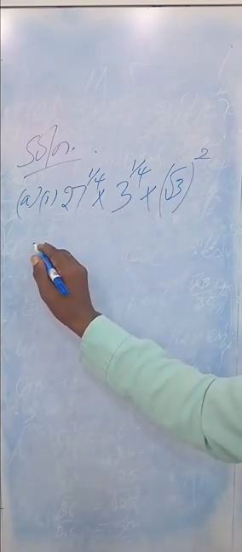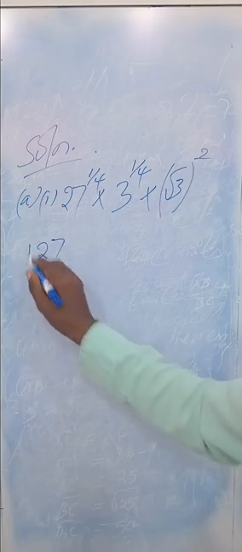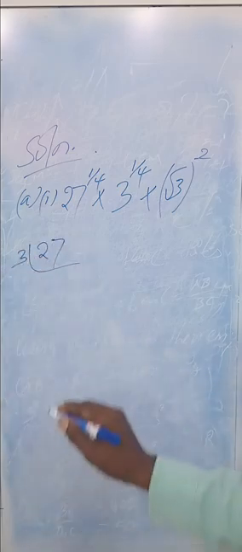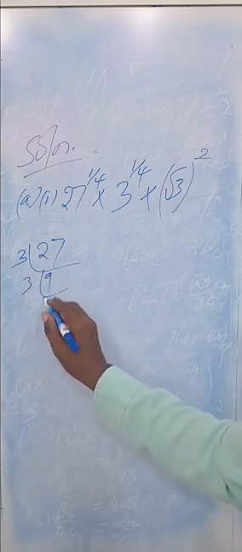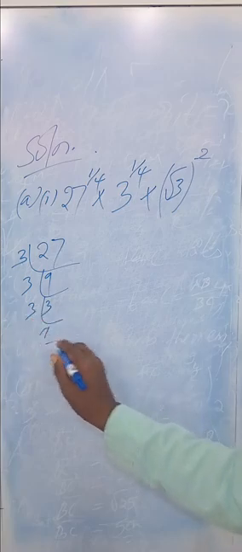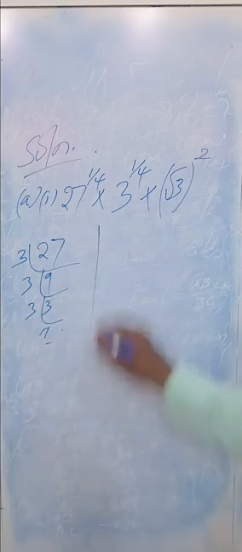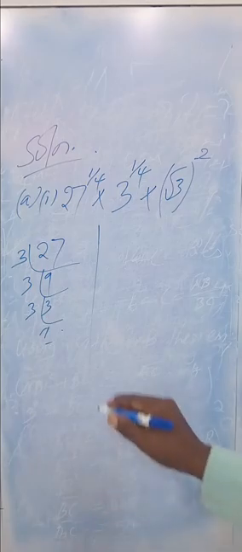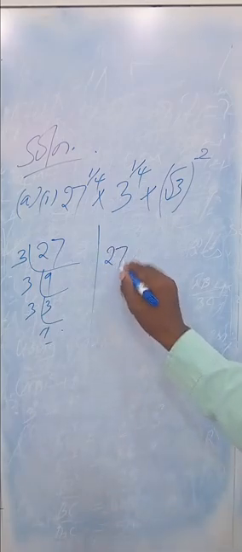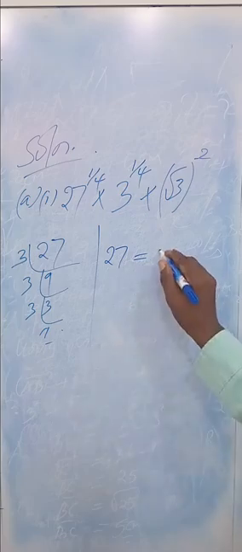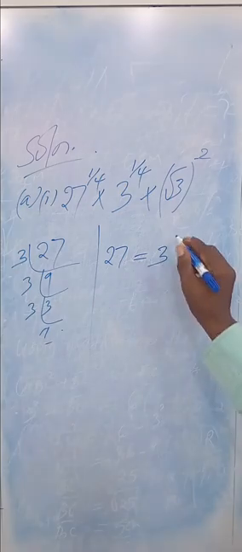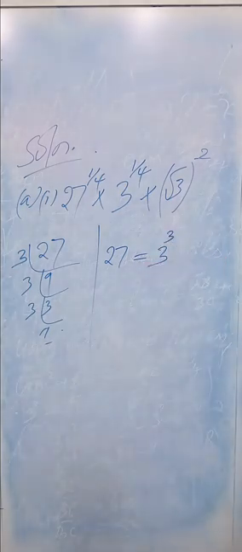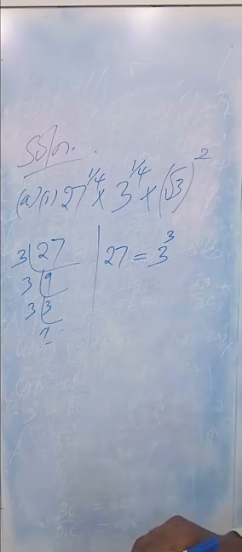How do we do that? Take your 27, divide by 3, you get 9, divide by 3, you get 3, divide by 3, it goes there once. So in other words, 27 can be written as 3 raised to power 3, since there are three 3's.